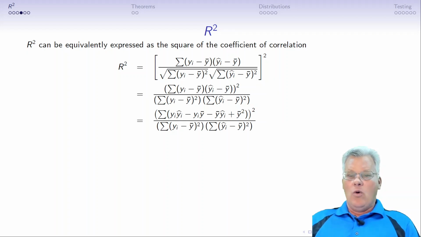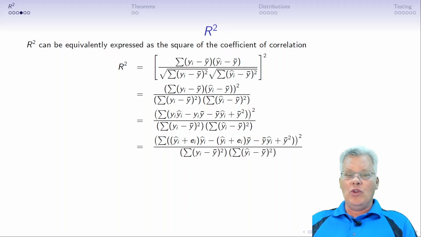And now, if I multiply out the inner parentheses, so we have the product of the two parentheses, y i minus y bar, y hat i minus y bar. If I multiply those terms out, I get what I have now in the third line.